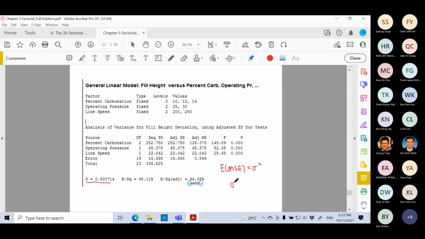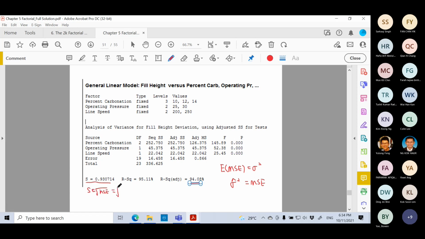So we use sigma hat square, the MSE, to estimate the variance. Therefore, this S in the output is actually equal to the square root of the MSE.